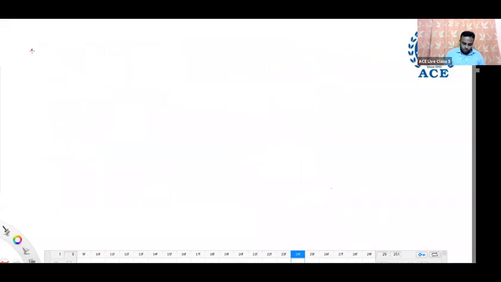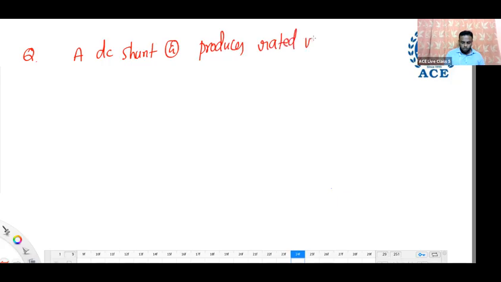Write the question. A DC shunt generator produces a rated voltage of 220 volts at a speed of capital N RPM.